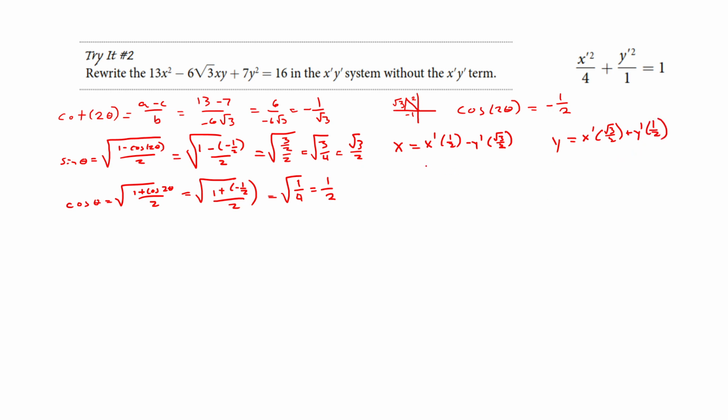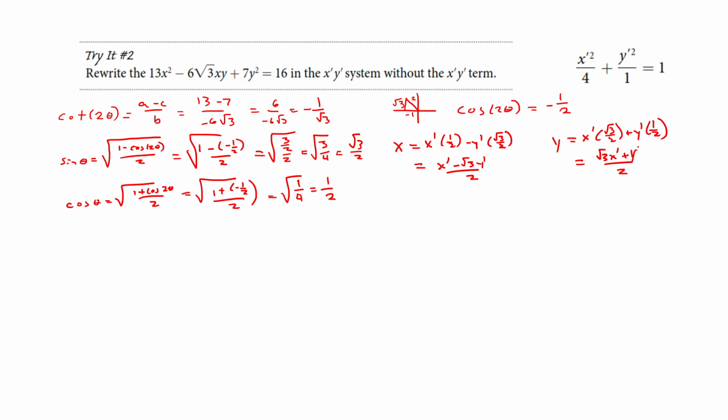Okay, now I have these. Can you follow that we can simplify this down to this? And we can simplify this down to this.